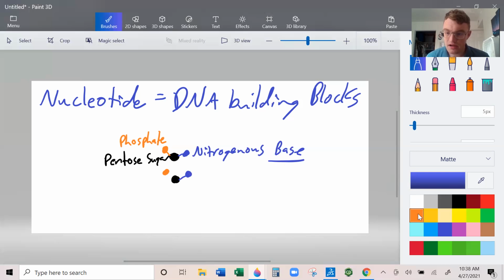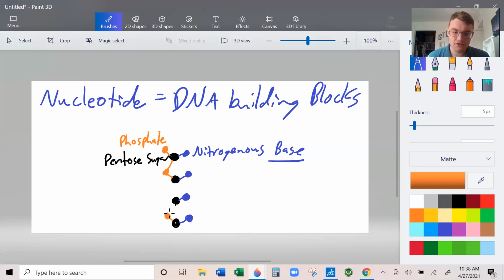The way we connect it on is we take the phosphate on this nucleotide and hook it to the bottom of the sugar on the previous nucleotide. So notice we've got this sugar connected to its phosphate, and then its phosphate is connected to the next sugar. Then if we were to add yet another nucleotide on here, or another one, the nitrogenous base is poking off here.